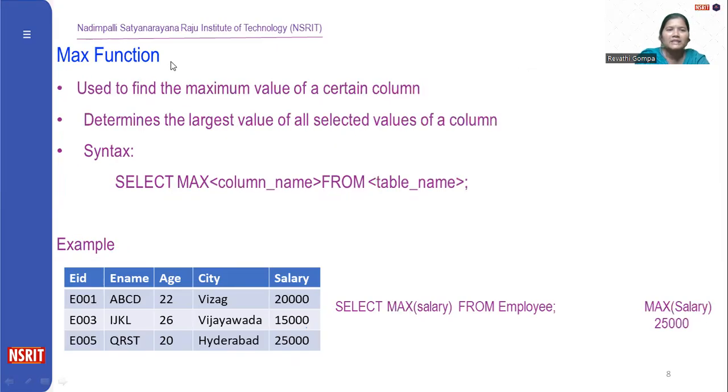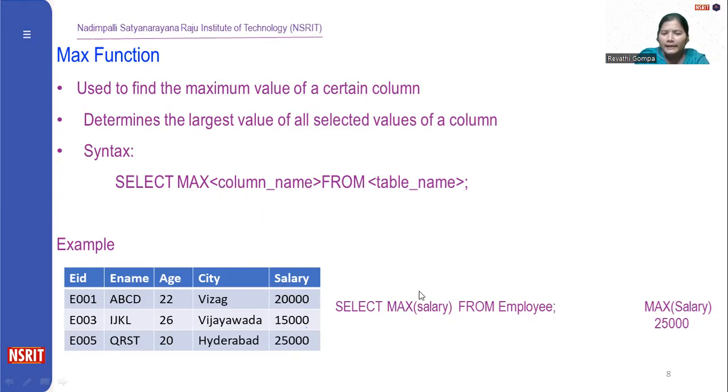The next one is the max function. The max function returns the maximum value from the selected column. It is used to find the maximum value of a certain column. The syntax is select max of column name from table name.